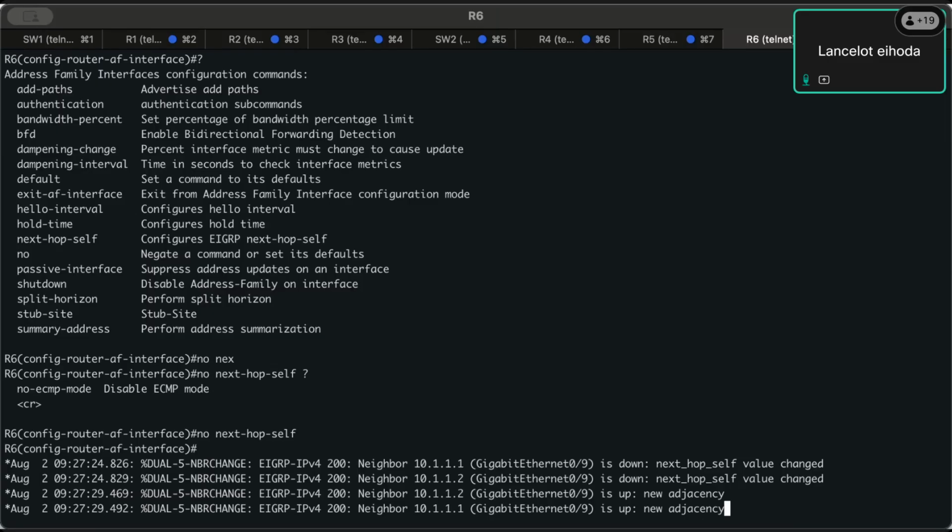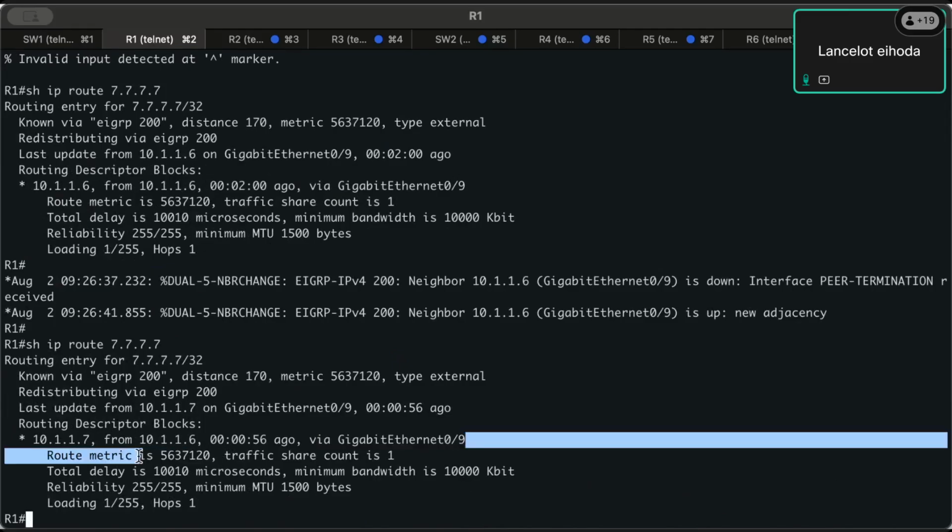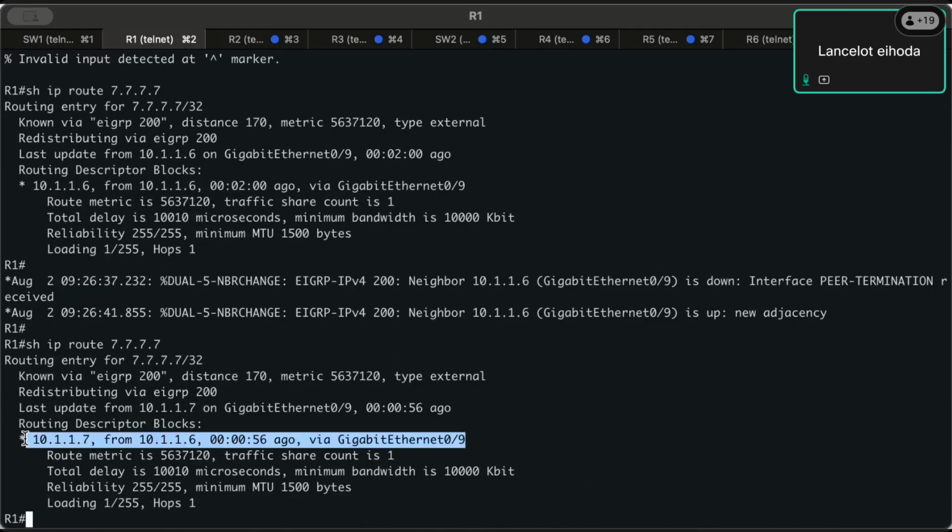So now that we have disabled next-self, if we go to router 1 and issue the same command, can you see where it's coming from now? Yes, I can see. We can see it has changed.